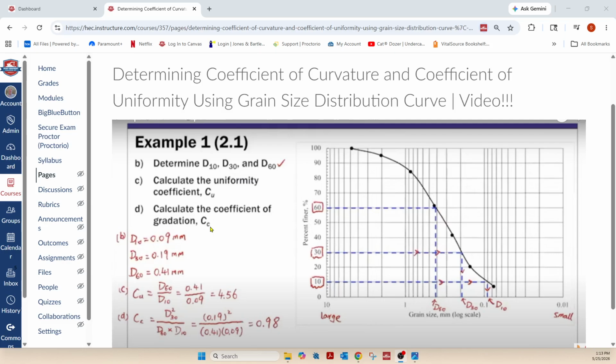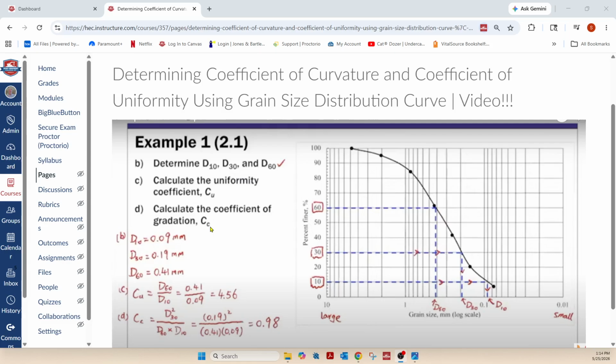If you read on down here, it talks about useful parameters that can be determined from these grain size distribution curves. The diameter of soil particles at which 50% passes, meaning 50% of the soil by weight is finer than that size, is known as the median size, and it's denoted by D50.